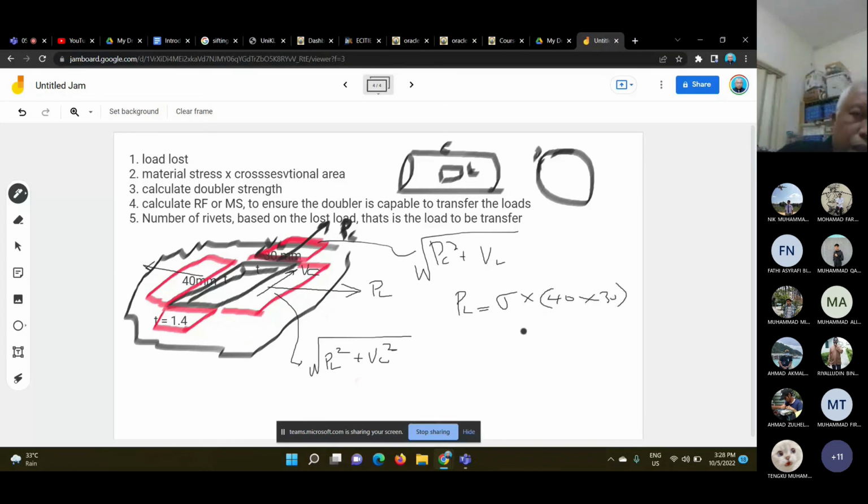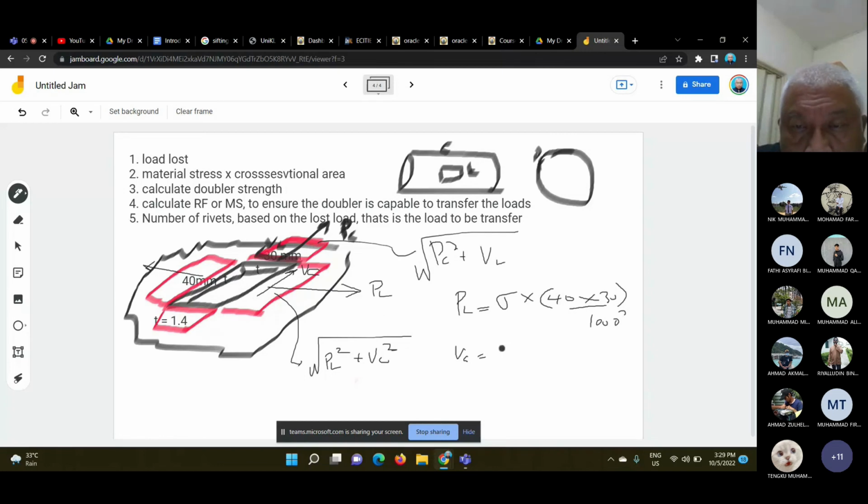I just put it straight there for convenience, but you need to convert to meters. V circumferential is acting along this line.